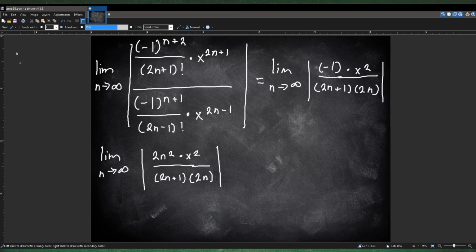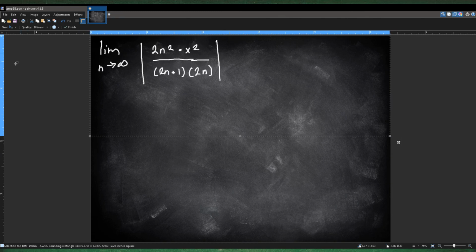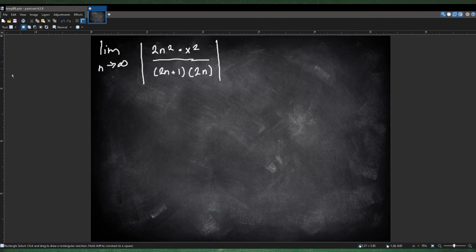Let's move all this up. As n approaches infinity, let's simplify this, which is just 2n squared plus 2n, right? Actually, let's erase this part.